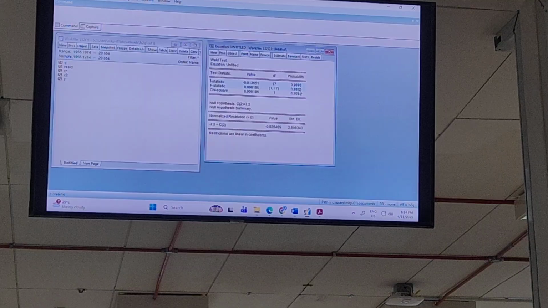If greater than alpha, we do not reject. Smaller than alpha, we reject the null hypothesis. So the F test says the p value is greater than 0.05, so we will not reject. Again, we conclude that we can agree that the true value of beta 1 is equal to 7.5.